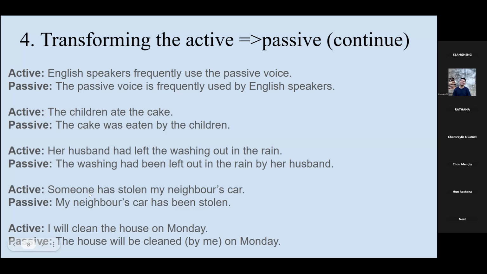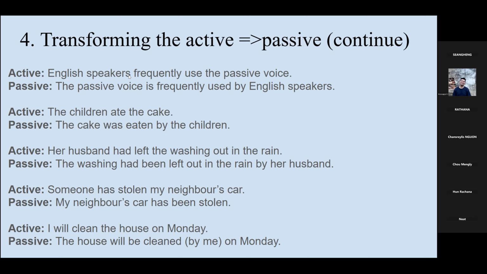So these are examples. As I said, we have 5 tips. First, we need to know the subject, verb, and object. English speakers frequently use the passive voice.